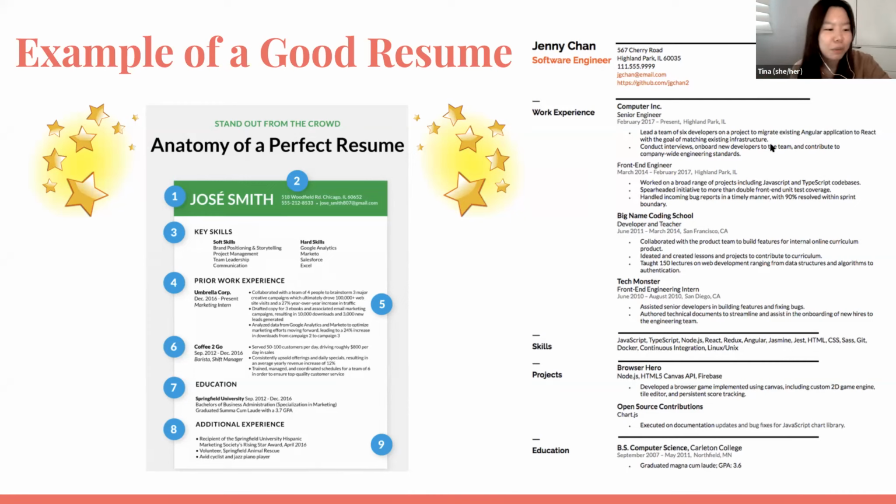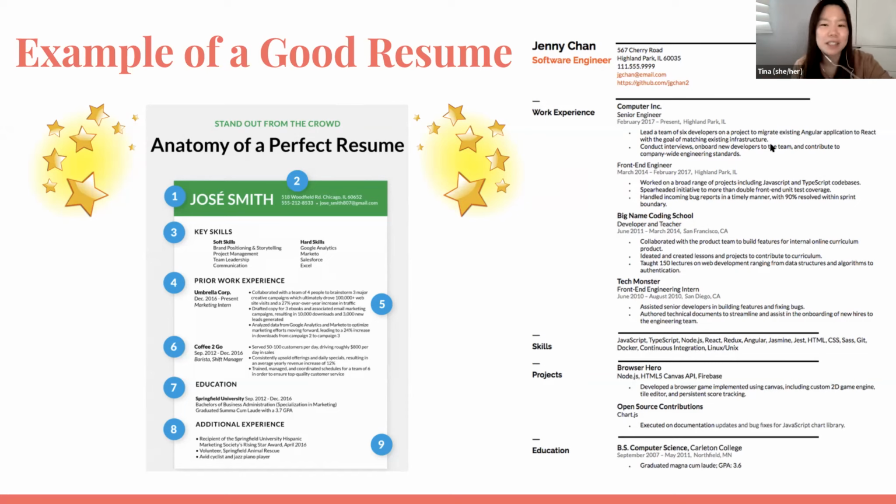So again, you want to put your name, don't forget your name, and don't forget to include your contact information. It could be email, phone number, and then if you would like, you can include the city and state that you're from, and then include your LinkedIn website link, or GitHub if you are applying for a software engineering role, and then including an objective or summary, sorry.